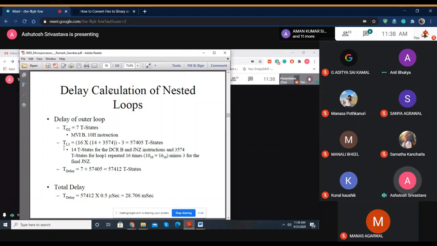Then we talk about loop 2. That is 16 into 14 plus 3574.